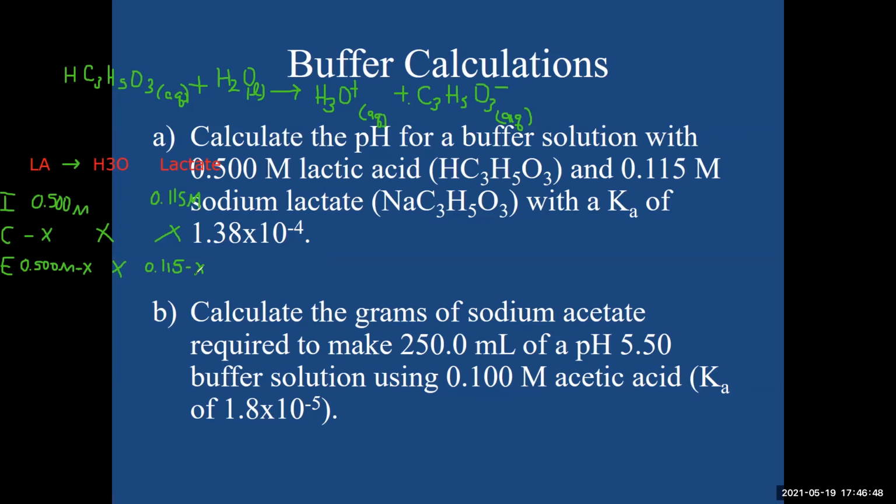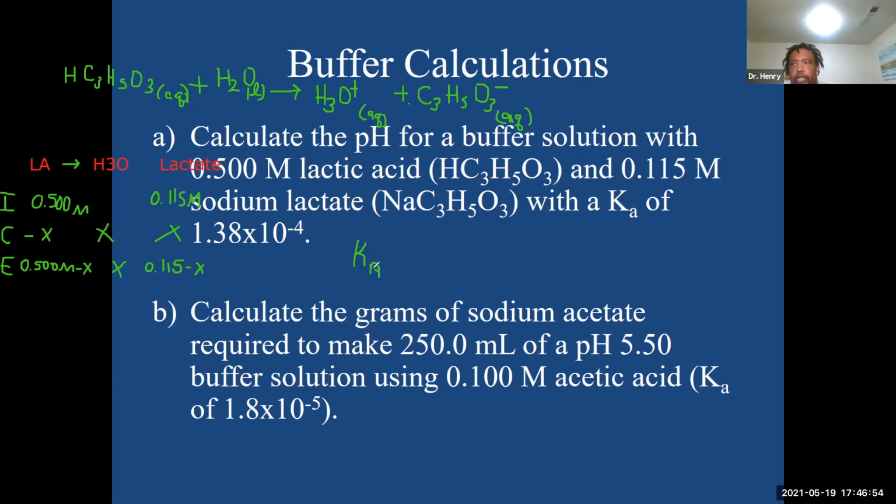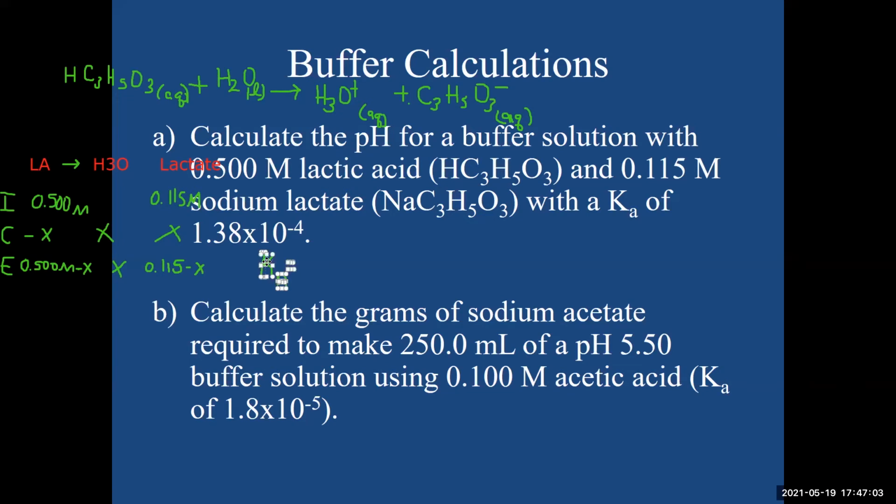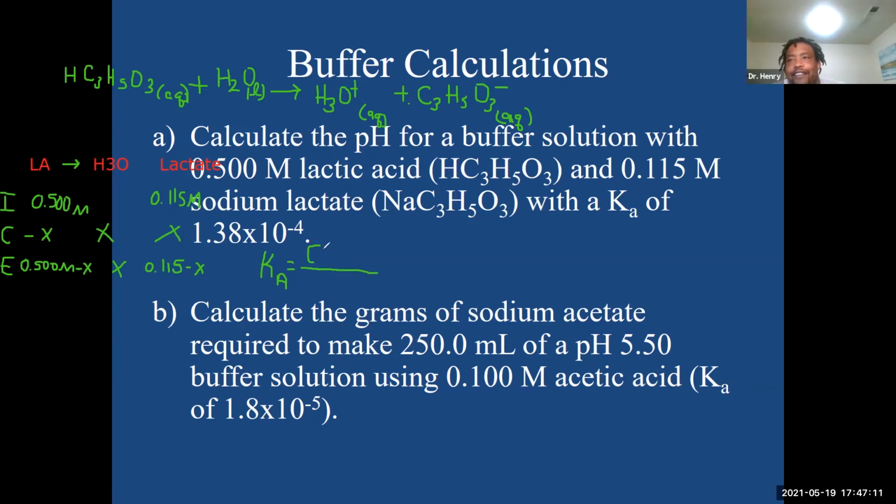Yes. Okay. So then our equilibrium constant, Ka, is going to equal, this is where you guys chime in, the products over reactants. It hasn't changed yet, right? Good job, Selena. Keep it up.